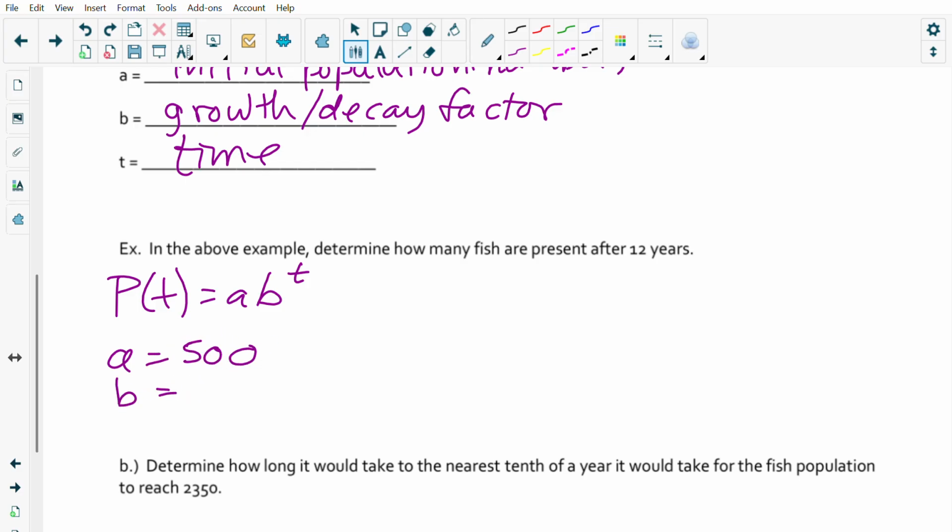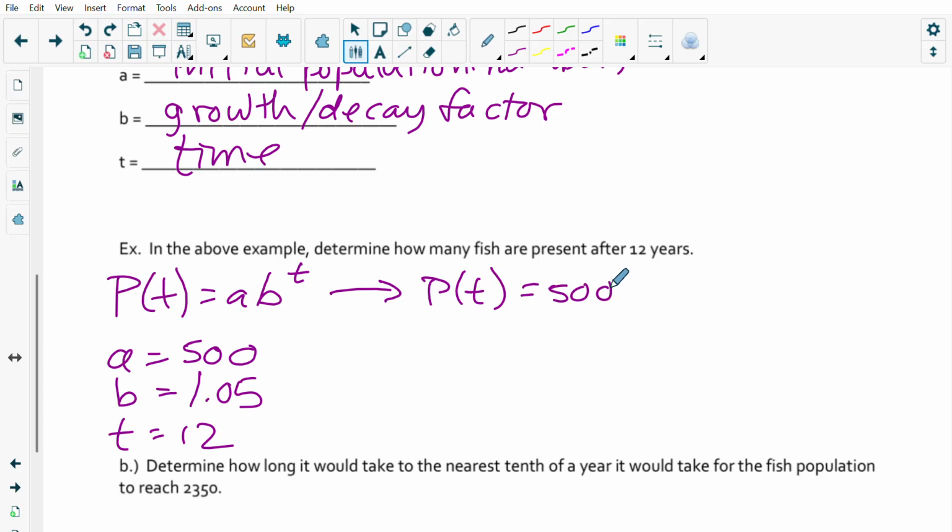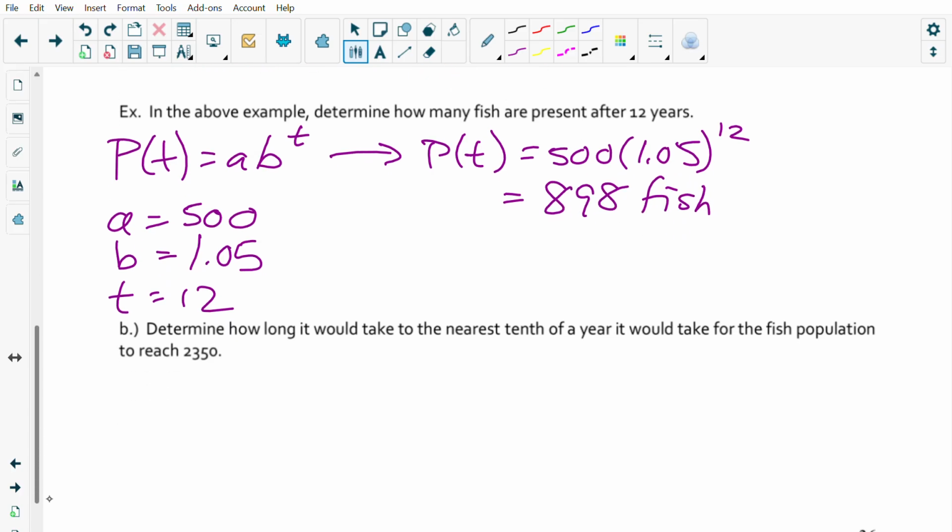The growth rate is still 1.05, and then t is 12 years this time. So that becomes P of t equals A, 500, times b, 1.05 to the t, which is 12. And that equals 898 fish after 12 years.